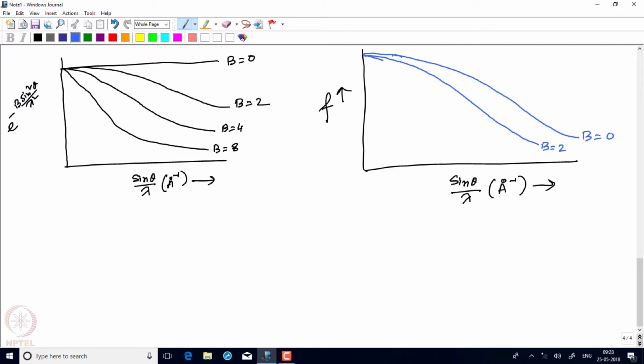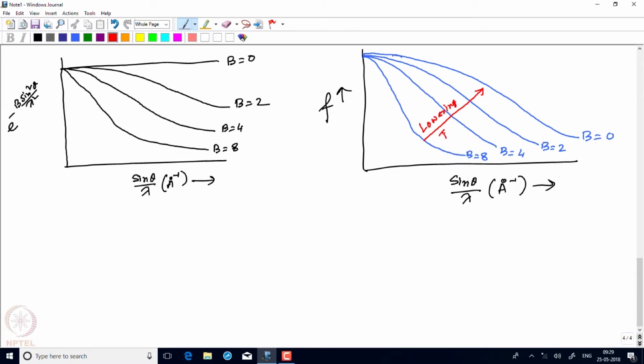That means the atomic scattering factor of the element reduces significantly with larger and larger value of B. So on reducing the temperature, we approach from higher value of B to lower value of B. This is the direction of lowering the temperature T. When you lower the temperature, the mean square displacement of every atom decreases.